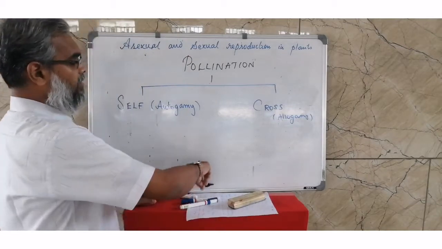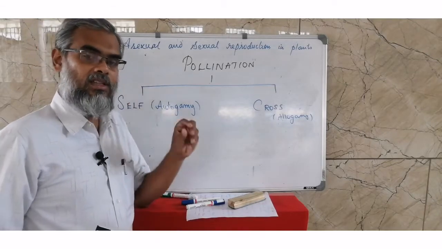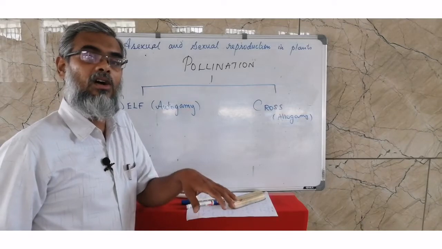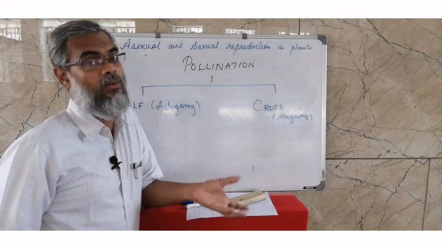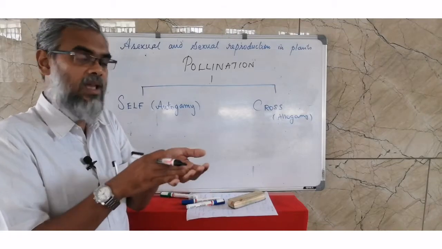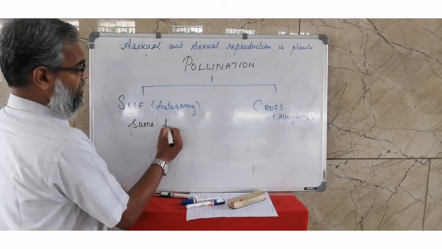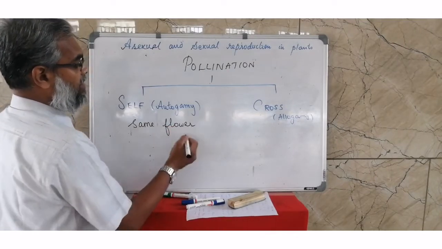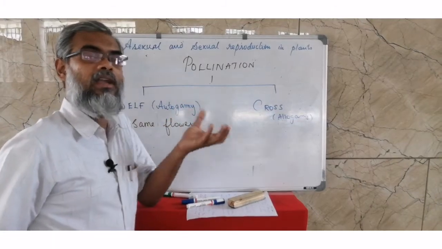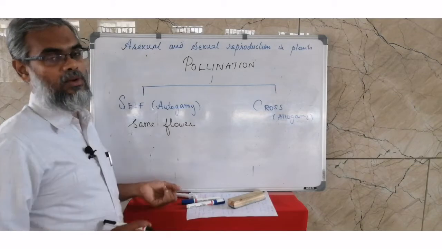So what is self-pollination? The pollen grain from the anther falls on the stigma of the same flower. So pollination occurring between the anther, the pollen grain and stigma of the same flower is called self-pollination.